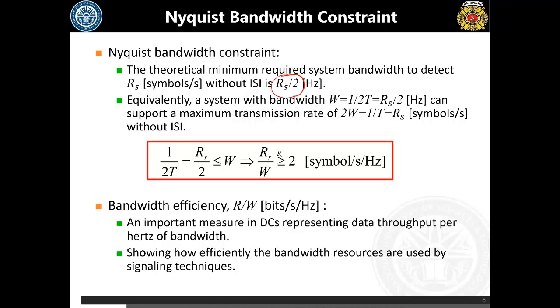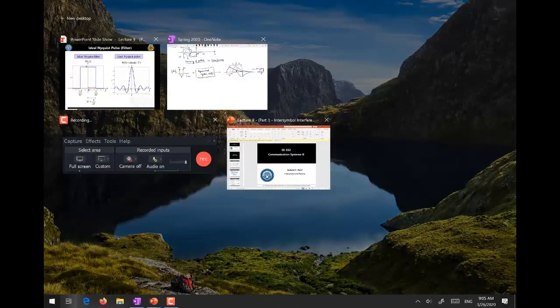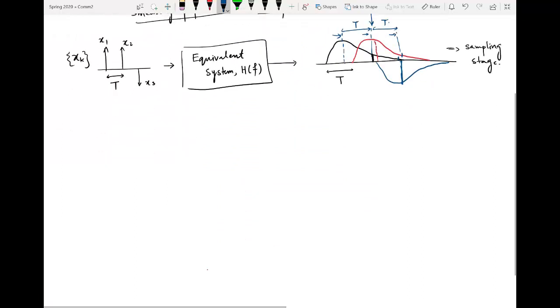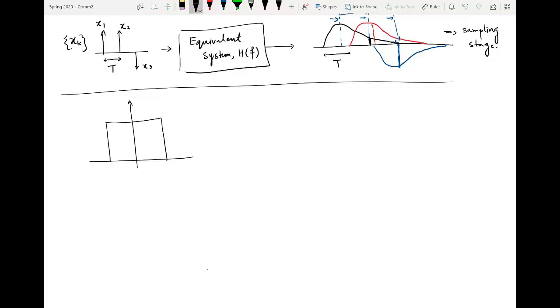So in other words, we can say that if we have a filter like this, which has the one-sided bandwidth of 1 over 2T, and let's come over here to have further detail. Let me draw the filter over here. It is a rectangular filter having the bandwidth of 1 over 2T.